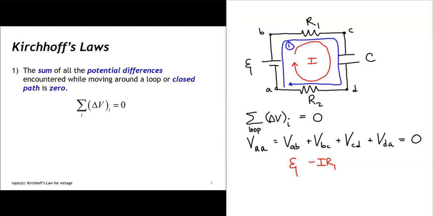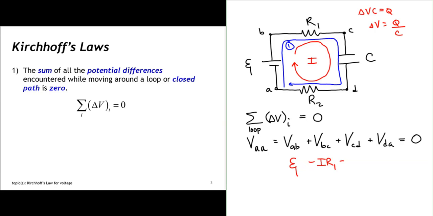The potential difference across capacitor C, remember, capacitance means that the potential difference is equal to the amount of charge over the capacitance. Let's say that this circuit is not fully charged. So that means we have current flowing through it until the capacitor is fully charged.